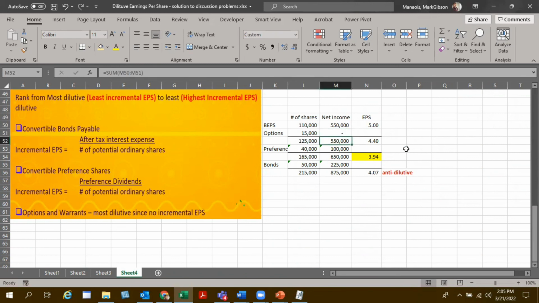So that's 550,000 over 125,000. So that's 4.40. Okay, so from 5, bumaba to 4.40. So that's diluted. Dahil nga, di ba, ang definition natin ng diluted kanina is anything that will reduce your shareholding. So okay tayo dyan.